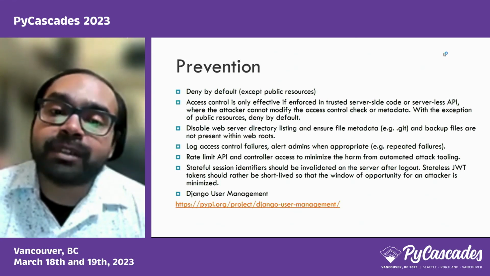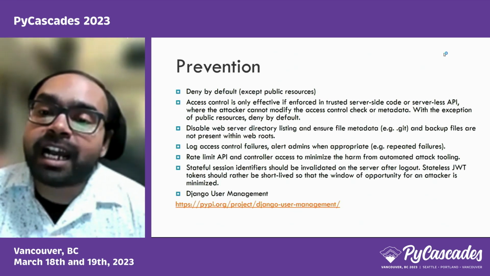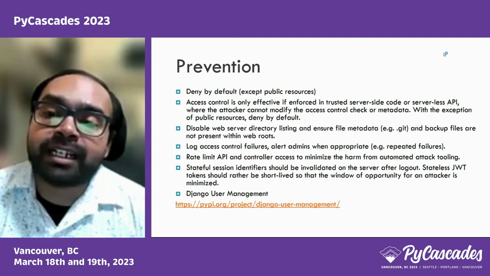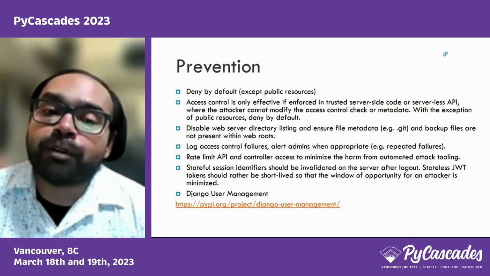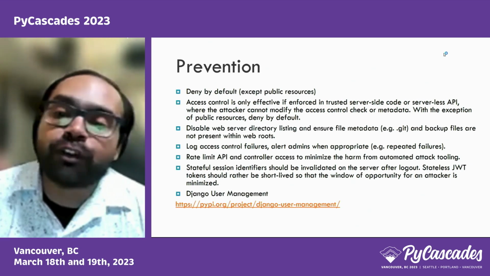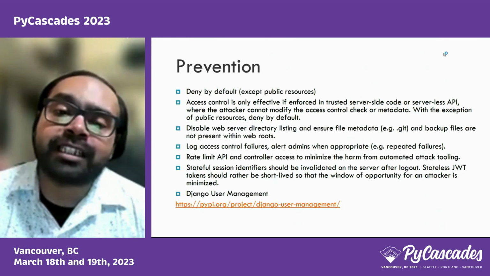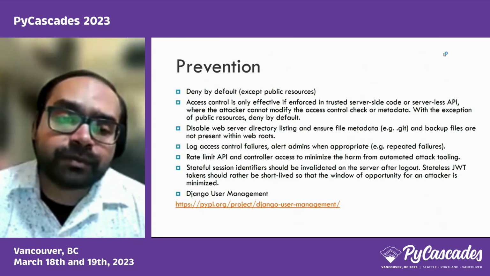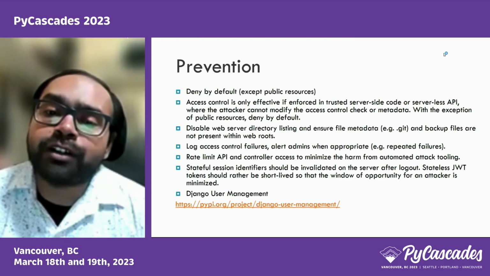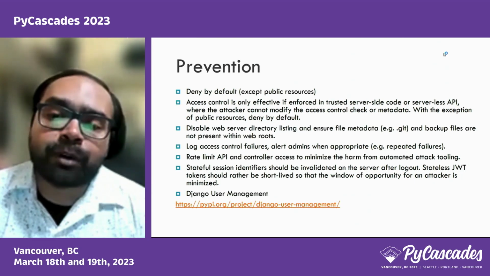Then next is disable the web server directory listing and ensure that file metadata and backup files are not present within the web root. You can configure a different folder and keep your backup there, or even push it to the cloud. Then log access control failures and alert admins when appropriate.